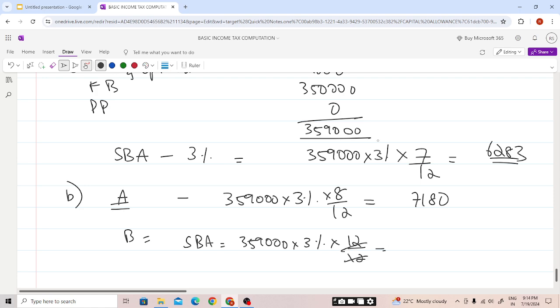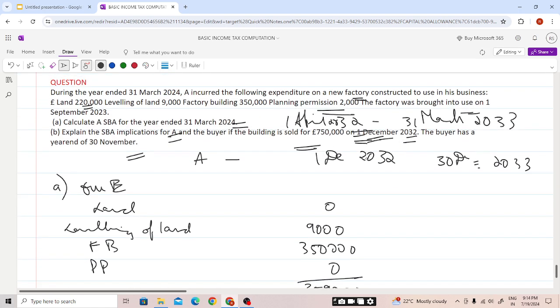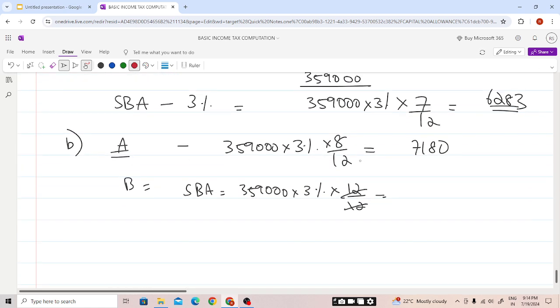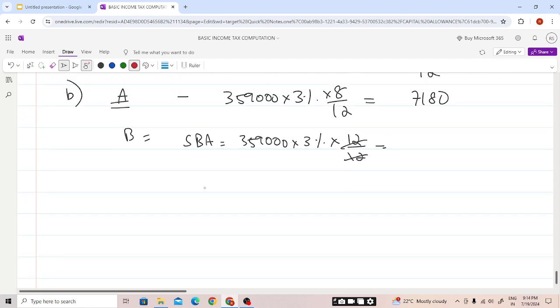The whole he is calculating because, students, he purchased on 1st December 32 until 30th November 33, so it is for a 12 months period. So here it will be, students, 10,770. I hope this is clear.